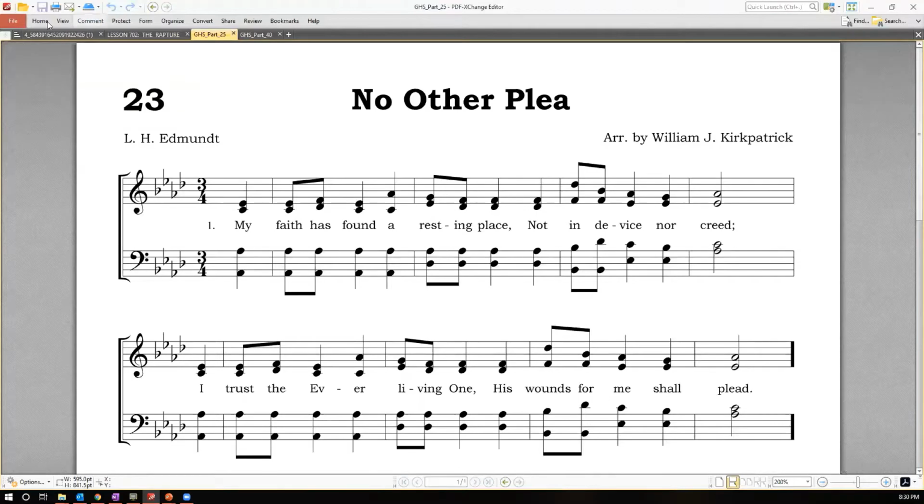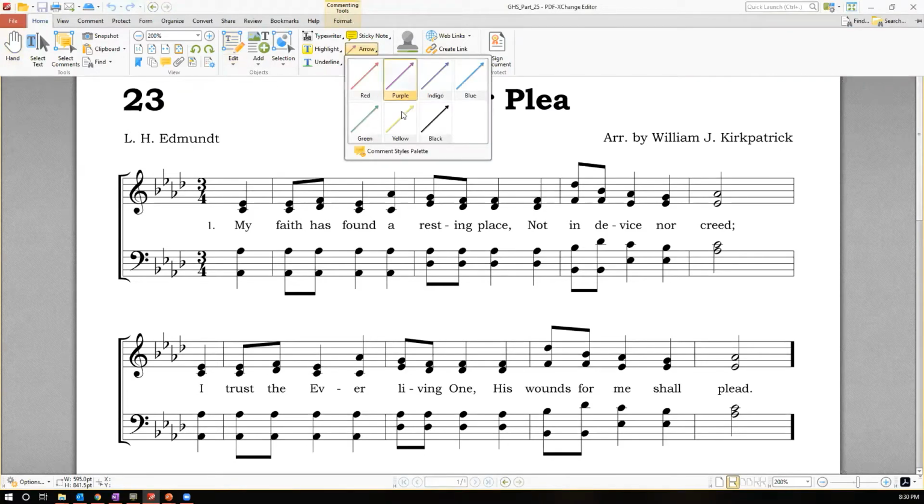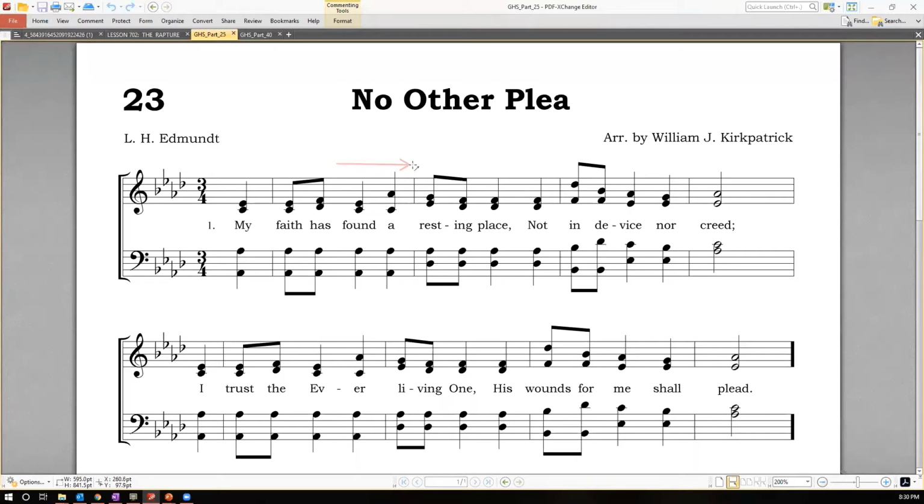Let me see if I can quickly sketch on this. From there to there. That's the bar line there.